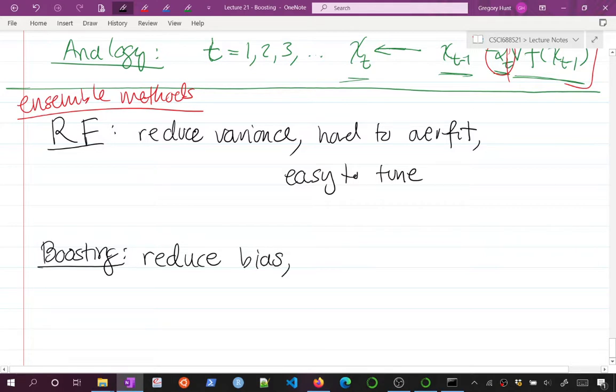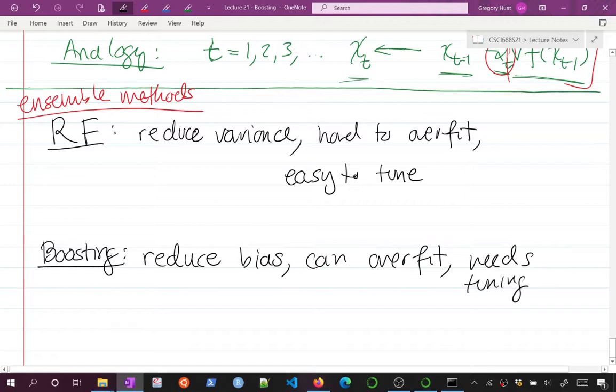And one way you can understand that is we focus more and more on the examples we do poorly on. So the way that the ensemble works better than the individual methods is that it reduces the bias by ensembling them together. You can overfit them, unfortunately, because it needs some tuning.